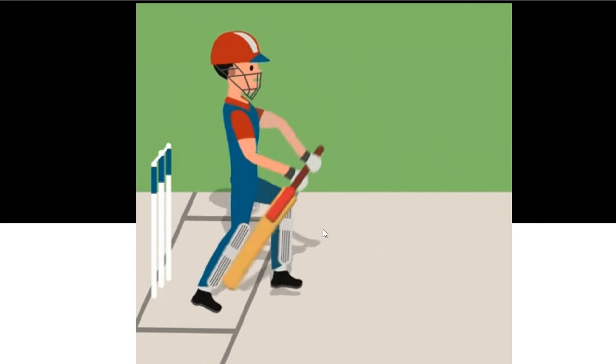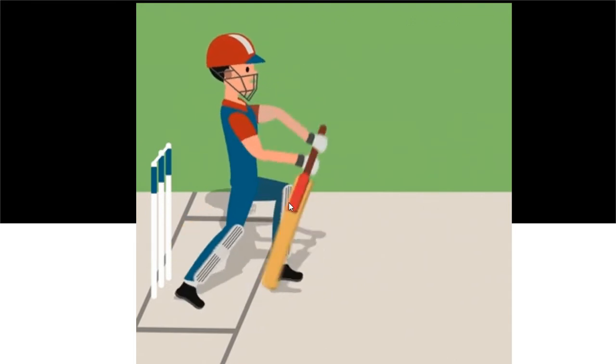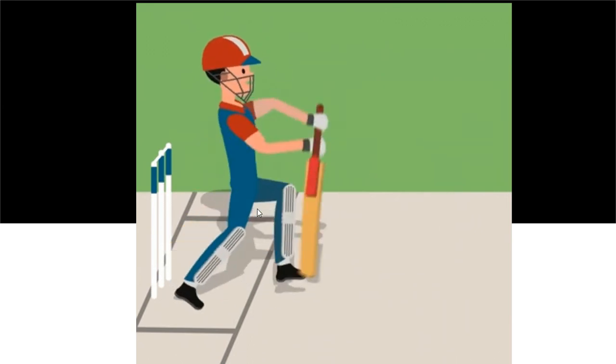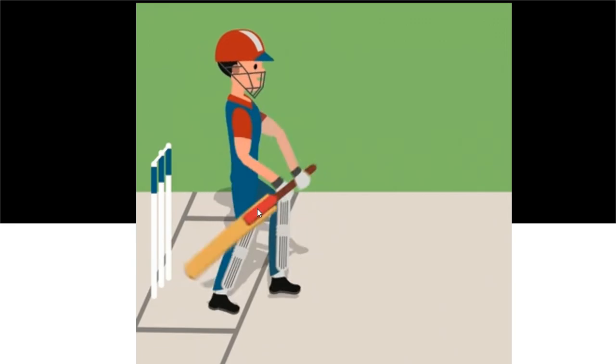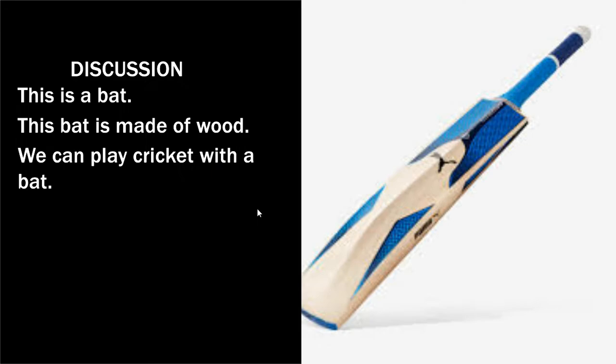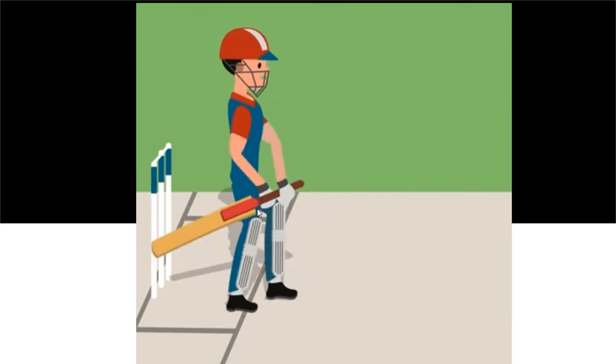Look here, how this boy is hitting the ball with the bat. This is a beaver bat in the hand of the boy, and he's hitting a ball. Beaver ball.